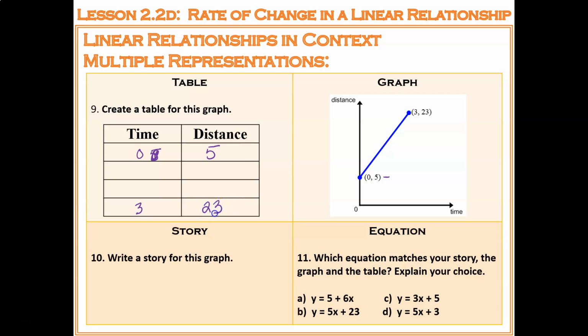I'm at 23. We know that the rate of change is 6. So 1, and if you add 6 to that, you're at 11. 2, if you add 6 to that, you're at 17.